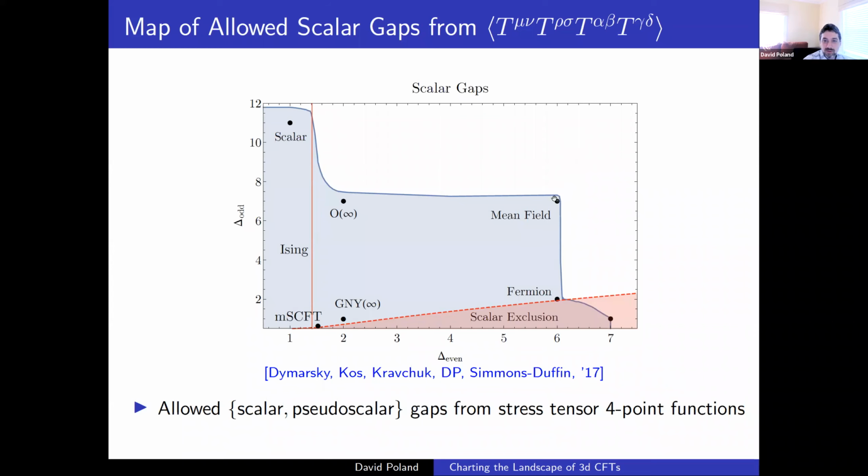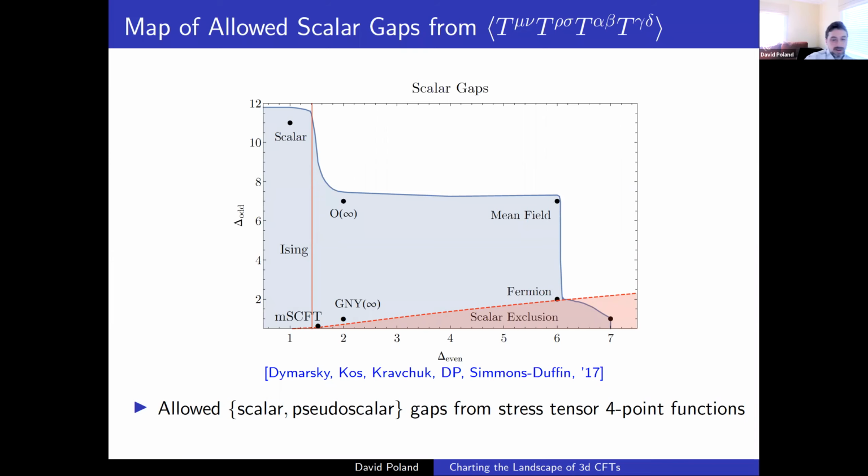So that's actually what this point is right here, which I labeled as mean field. This dimension 6 operator is built out of 2 stress tensors, a 2-graviton state. And there's similarly a parity odd operator you can build out of 2 gravitons. So holographic theories want to live up in this corner.